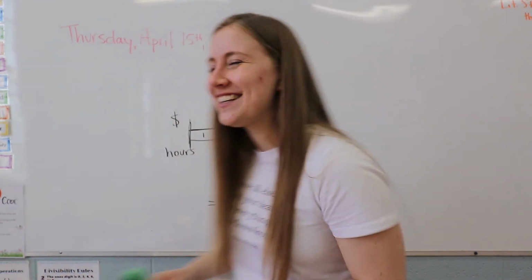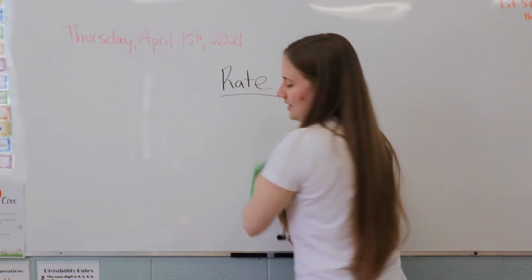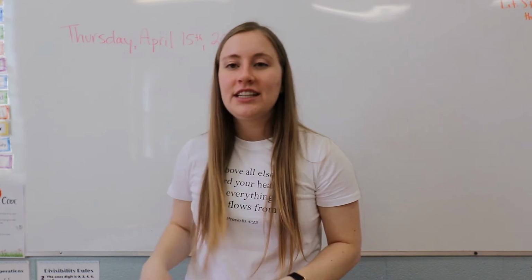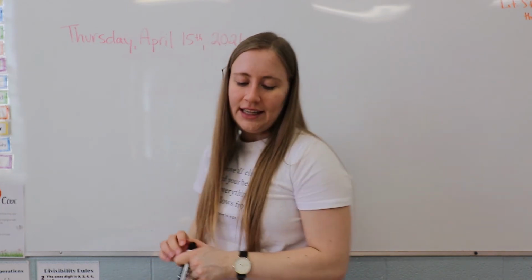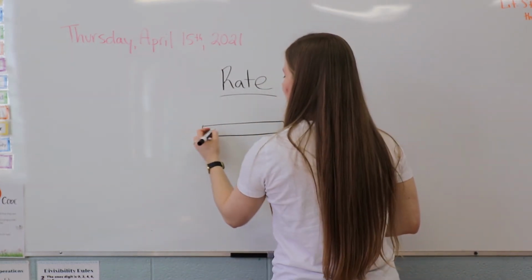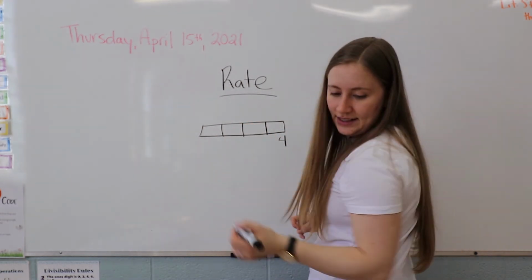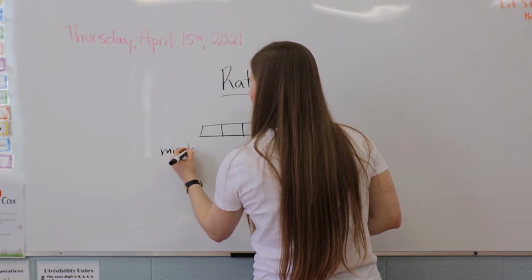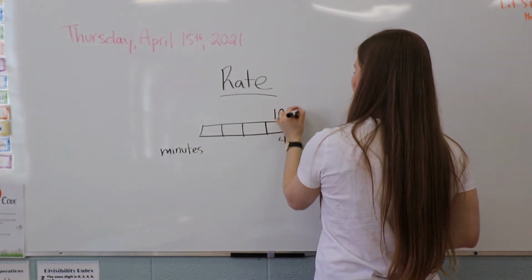Okay, let's look at another example. So this is number 2. Number 2 tells us that water is flowing from a tap at the rate of 100 liters every 4 minutes. Find the rate of flow of water in liters per minute. So again, we're shown 4, and this time minutes is our quantity. And we have 100 liters.